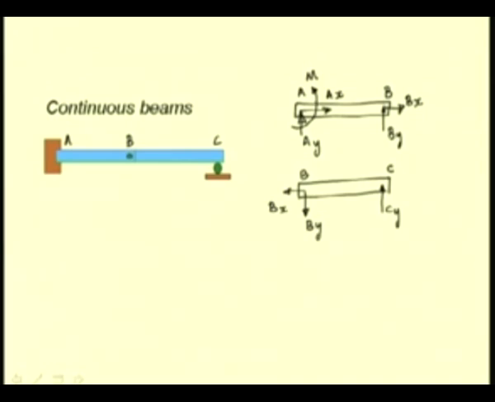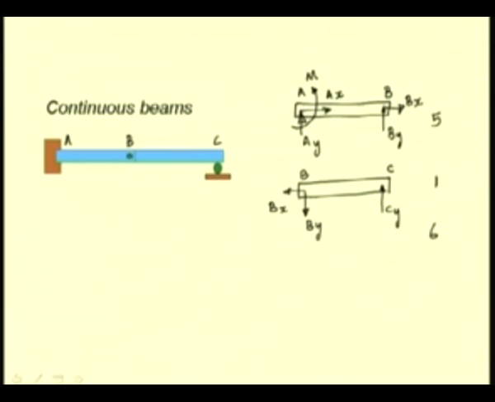Now, let us see how many unknowns we have. We have 3 unknowns at A and 2 unknowns at B, totaling 5. And from this free body diagram, this Bx and By have already been accounted for in the other free body diagram. They are only opposite in sign, so they do not constitute a new unknown, and we have one more unknown, that is C1. So, we have a total of 6 unknowns to be determined.